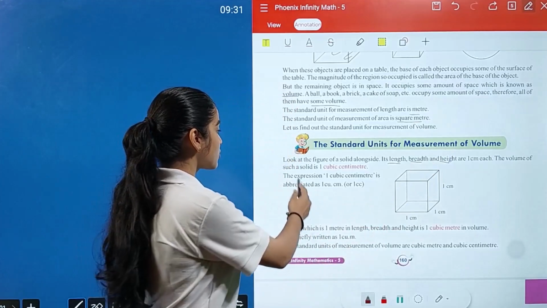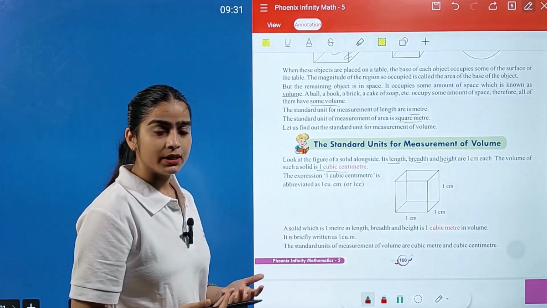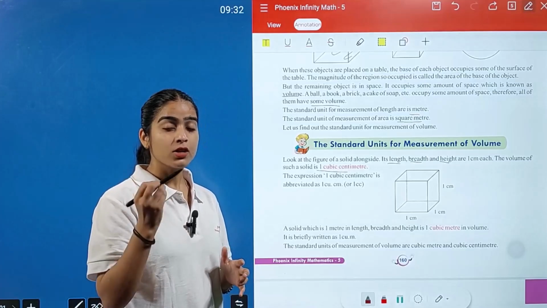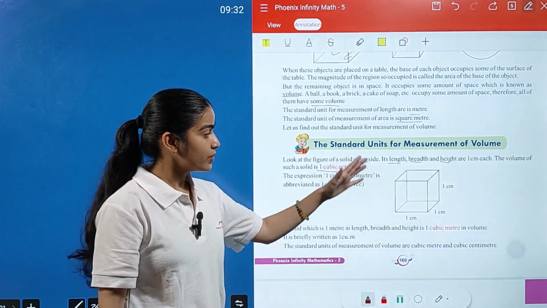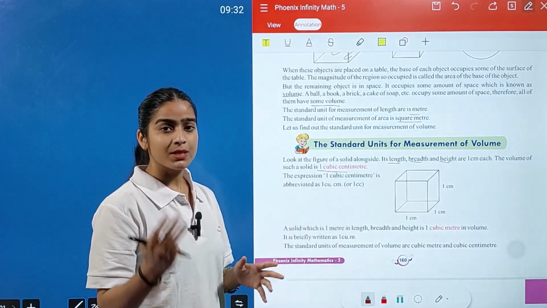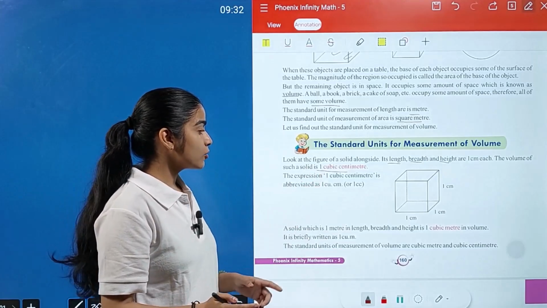The volume of such a solid is 1 cubic centimeter. In area we multiply centimeter 2 times, that's why we use square centimeter, but in volume we multiply length, breadth and height, which means 3 times we multiply centimeter. That is why this is equal to 1 cubic centimeter.